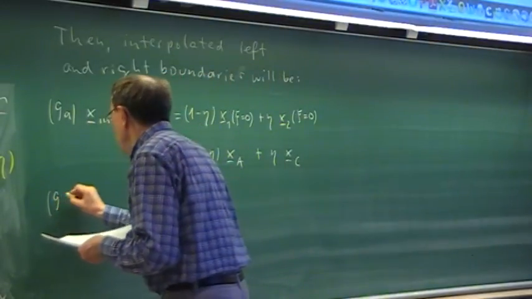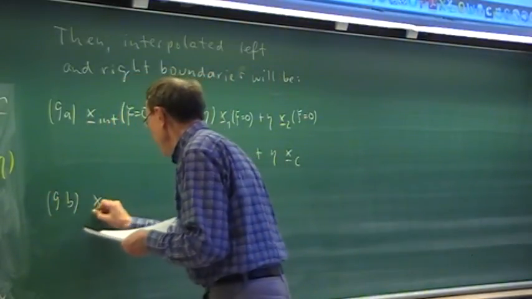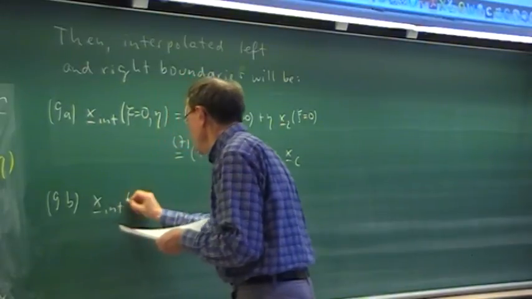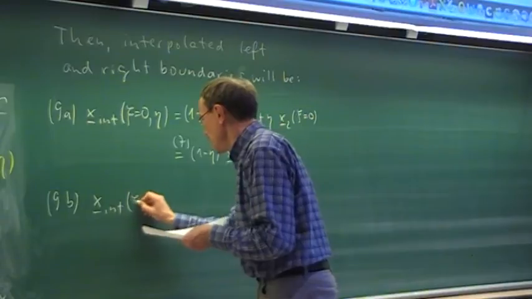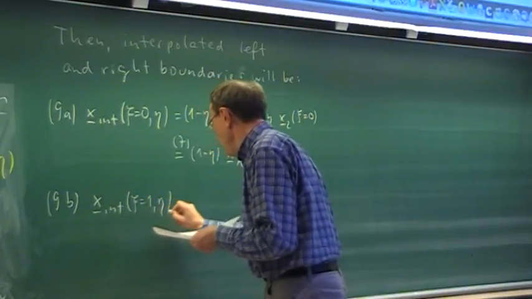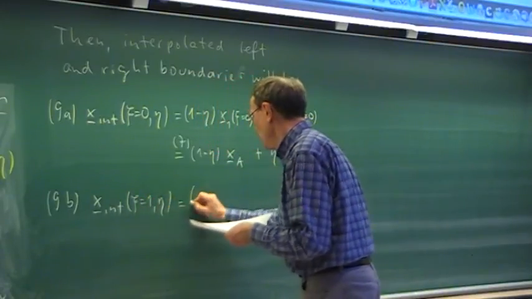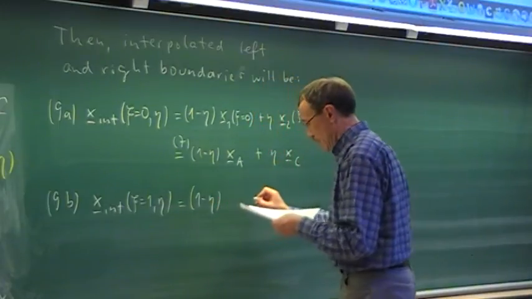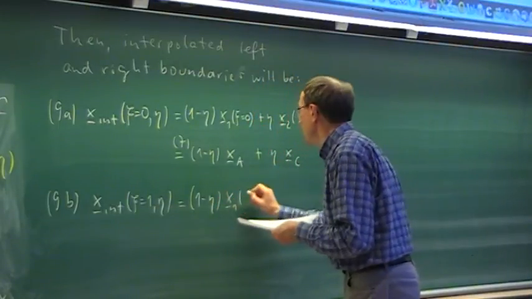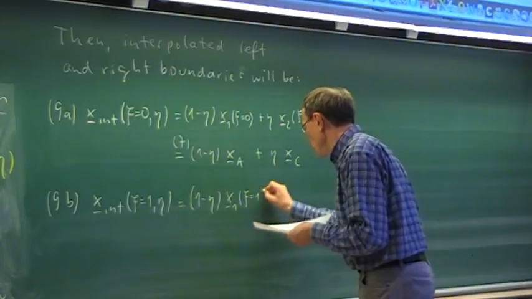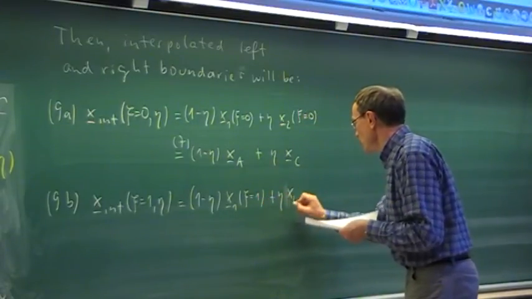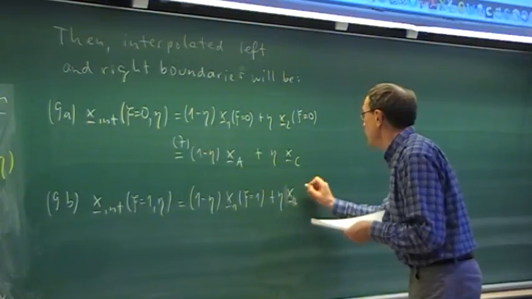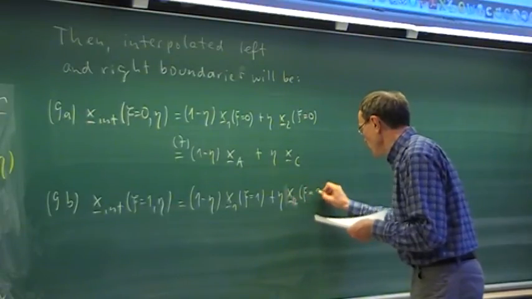Likewise, we can do it for the right boundary. Look at what the interpolated coordinates are for psi equal to 1, function eta. Then we get 1 minus eta, then we have here the x1 of psi equal to 1 plus eta the x2 of psi equal to 1.